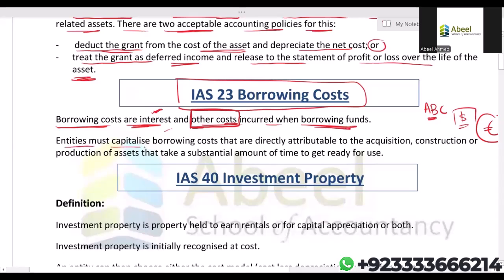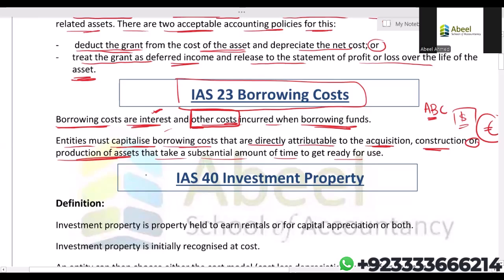Entities must capitalize. When we use the word capitalize, it means that cost becomes your asset. Entities must capitalize borrowing costs that are directly attributable to the acquisition, construction, or production of assets that take a substantial amount of time to get ready for use.